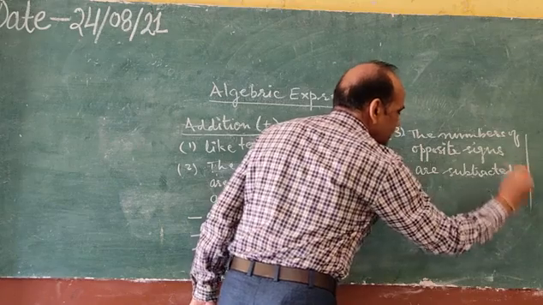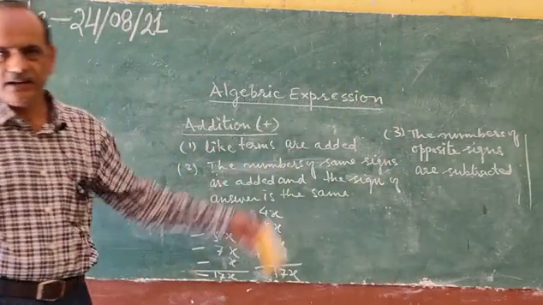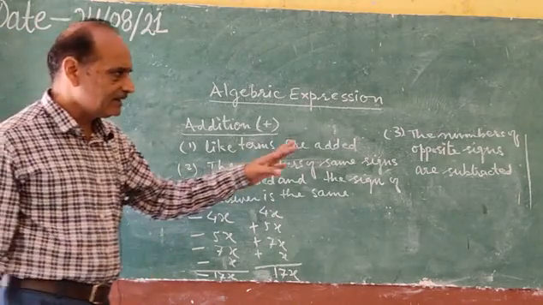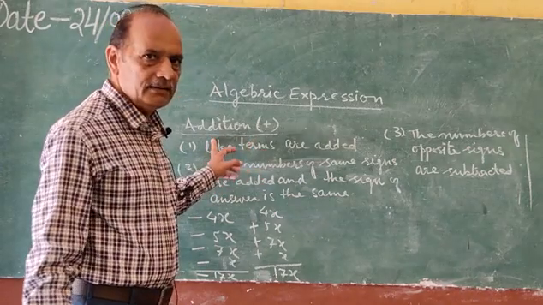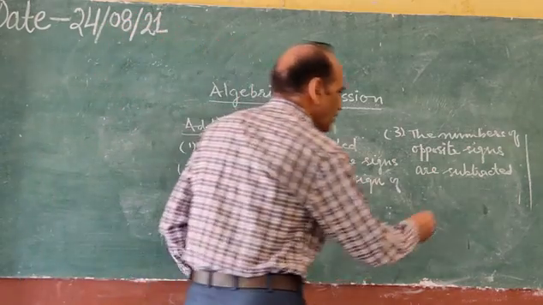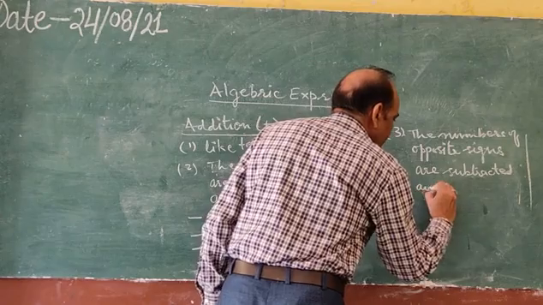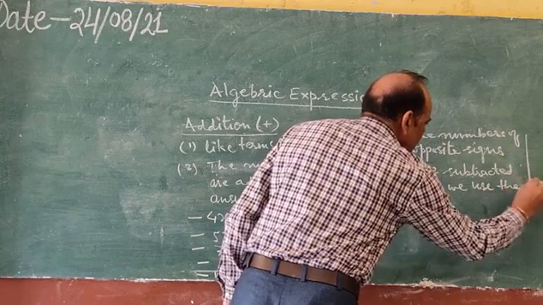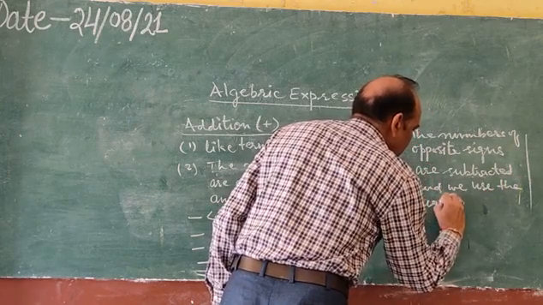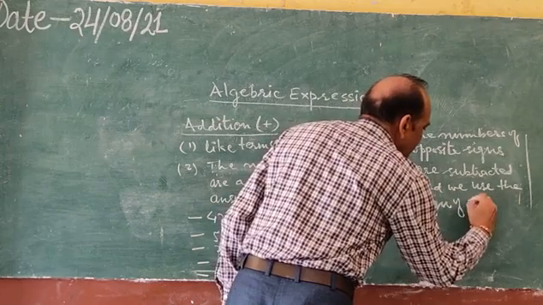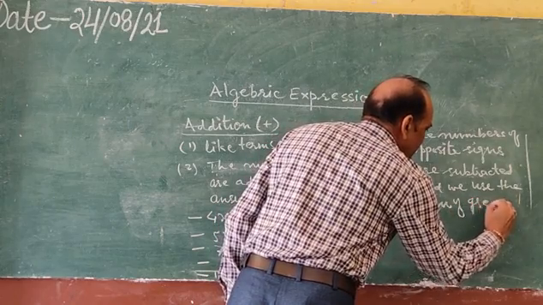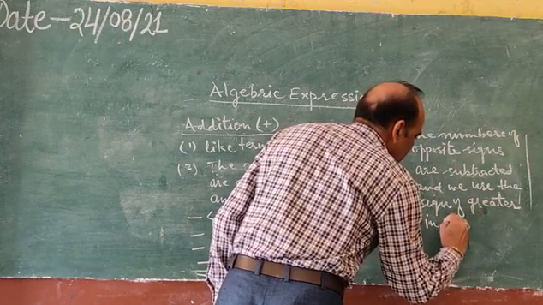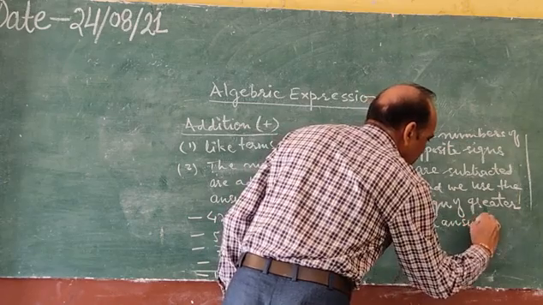Now you will ask that, sir, this is addition and you are writing here subtraction. So in algebra we use subtraction also in addition operation. Numbers of opposite signs are subtracted, and we use the sign of greater number in the answer.